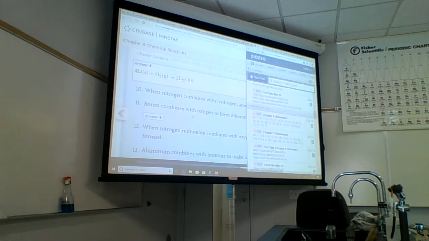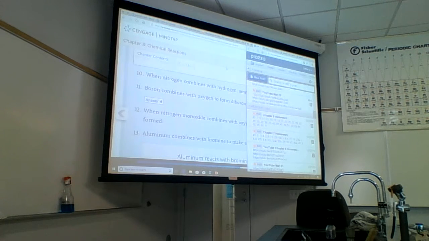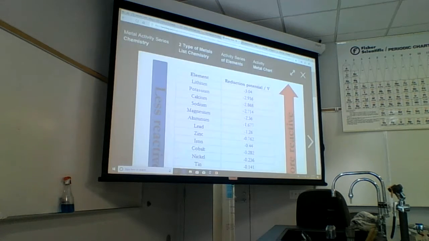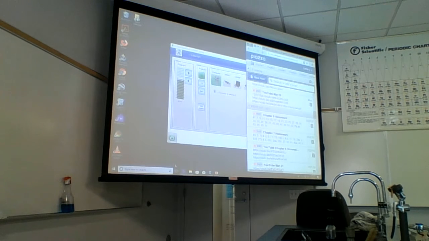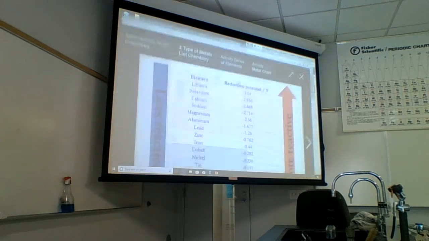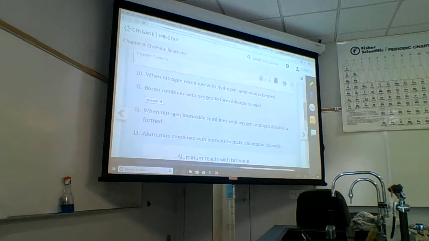So 9, 11, boron combines with oxygen to form diboron trioxide.